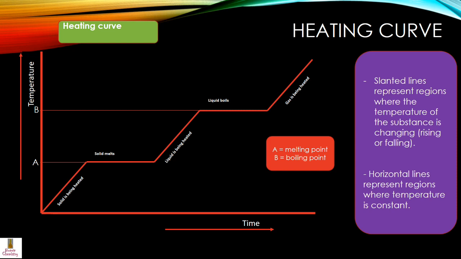These points have been represented with the letters A and B. A showing the melting point of the particle and B the boiling point. At point A, the particle changes its state from solid to liquid, and at point B, changes from liquid to gas.